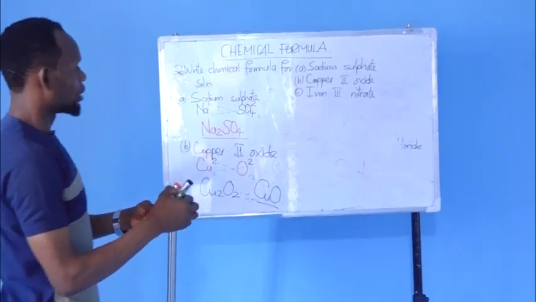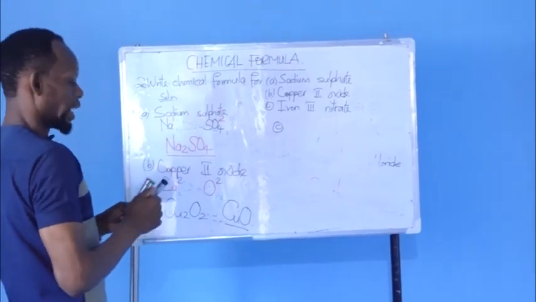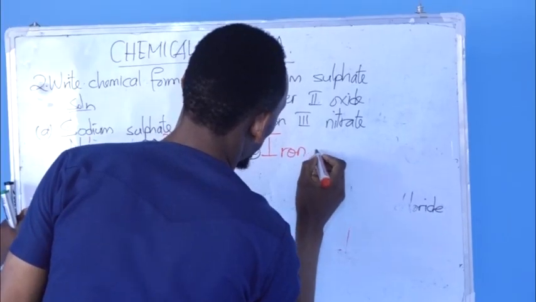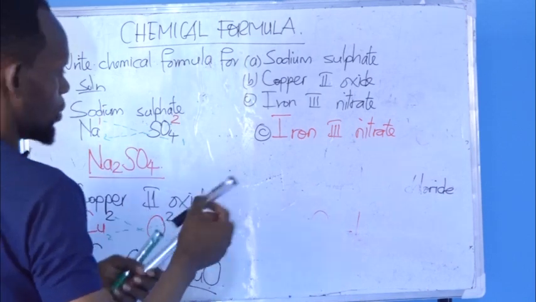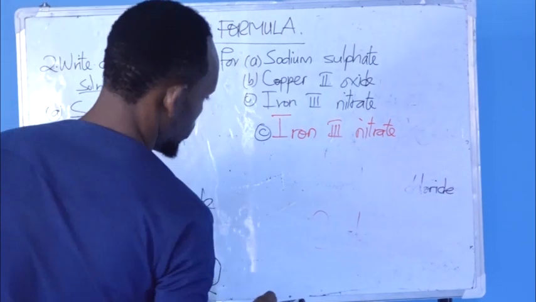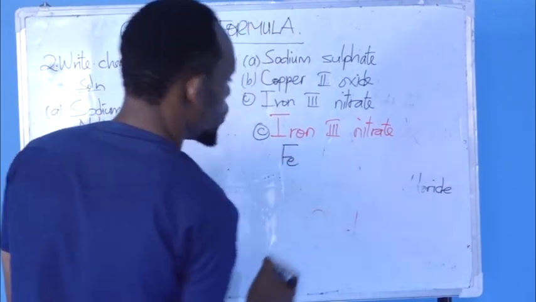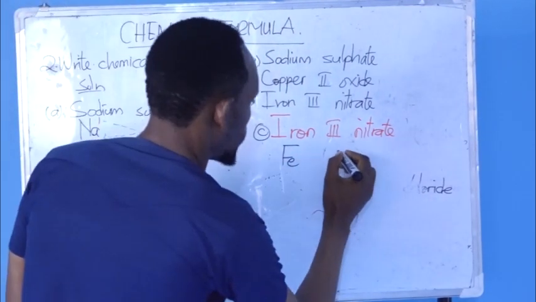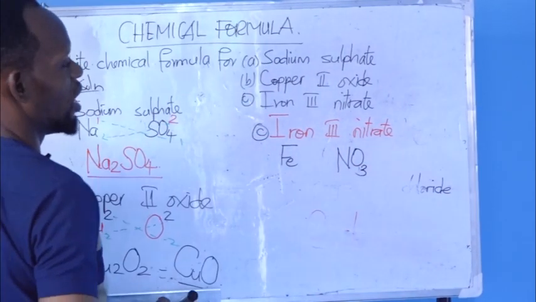Then let us see example C, that is iron 3 nitrate. Write their chemical symbols. The chemical symbol for iron is capital letter F, small letter e. The chemical symbol for nitrate is NO3. What is the valence of iron 3?